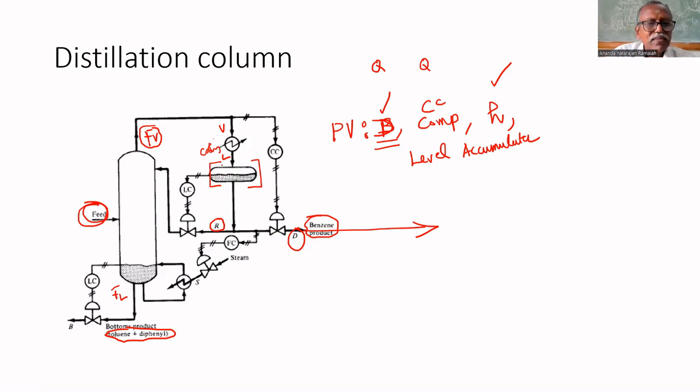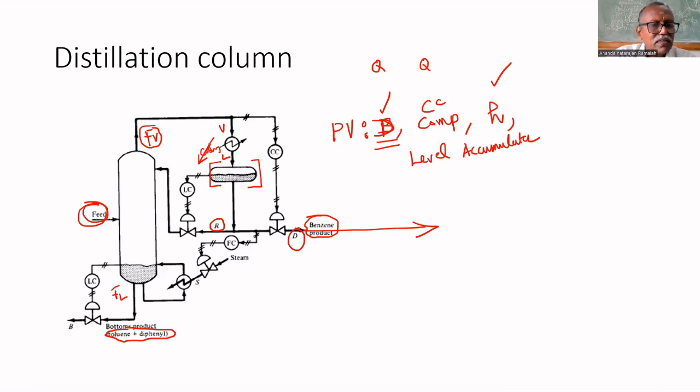If the level increases, meaning too much vapor, then the level will increase. In that case, we have to increase the reflux ratio. Suppose the cooling water temperature decreases, in that case also the liquid will increase.